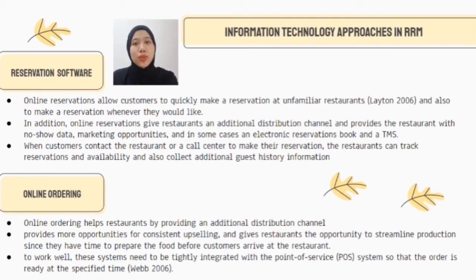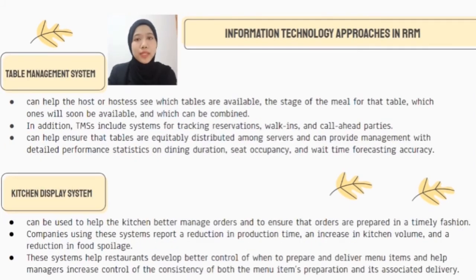And this online ordering also help the employee to work well, and this system needs to be tightly integrated with the point of service system. So that's really true. Online ordering is very familiar in this era, which we can see it was used by the fast food restaurant.